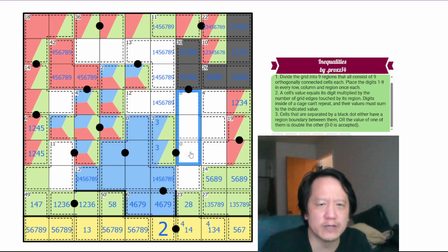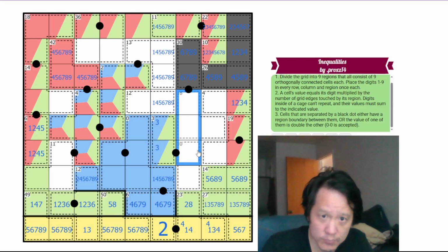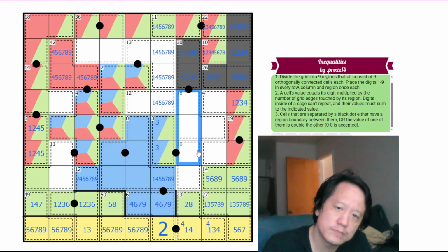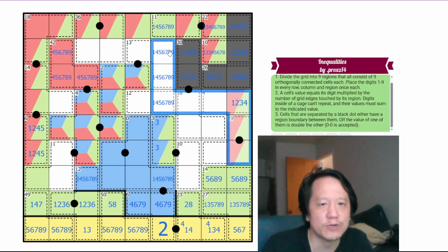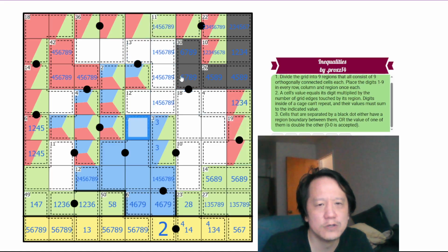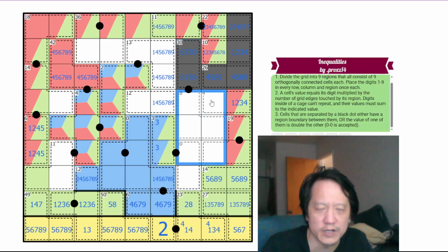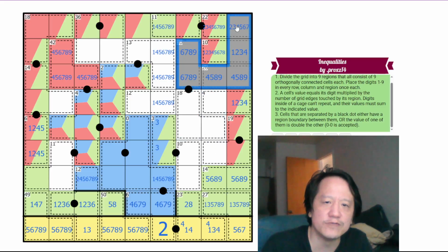I don't think we can really go 3 that way. If we go 3 this way, we could still have a... No, we can't have a red region here because that would block this as a green region. So we can only have doubles if we go this way, if it's part of this region.